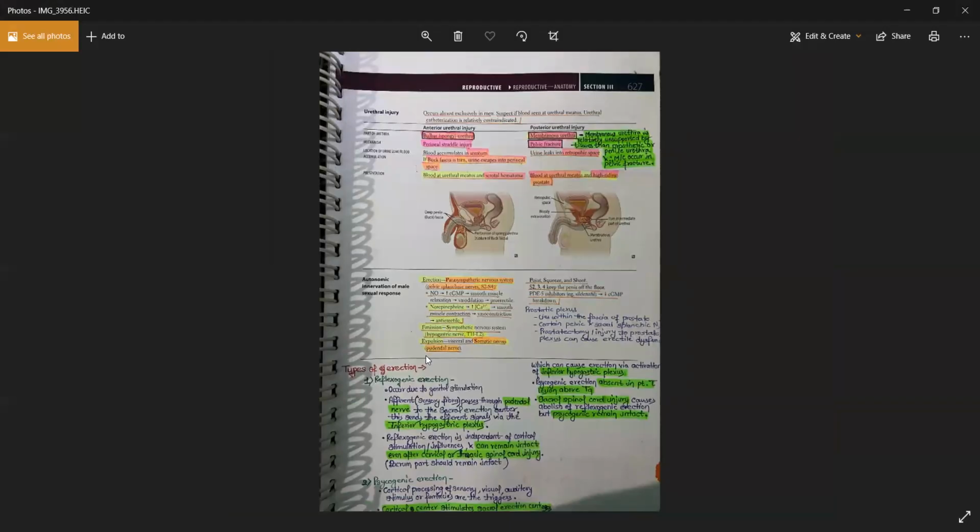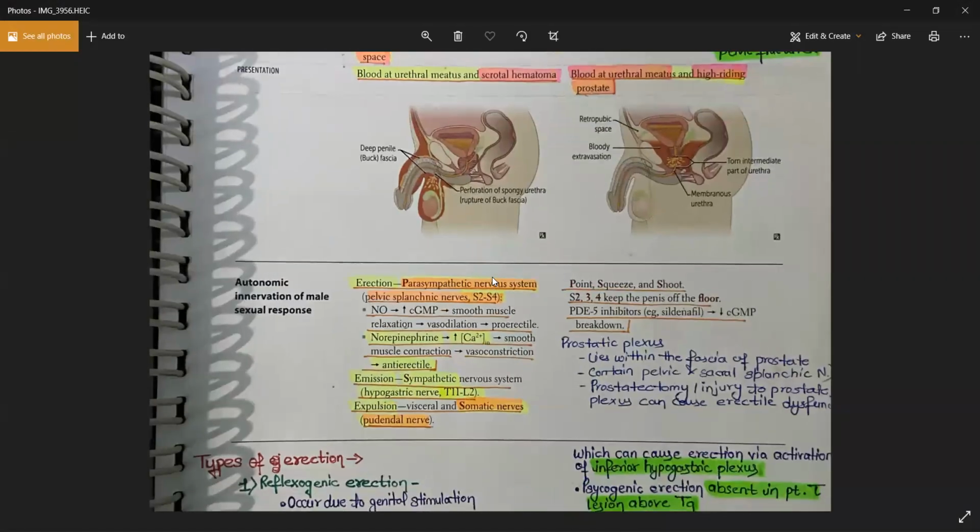Is the inferior hypogastric plexus the same as the sacral plexus? Yes, it contains a sacral plexus also. See, the sacral plexus is different. Actually, the pelvic splanchnic nerves are different, which come from S2 to S4.